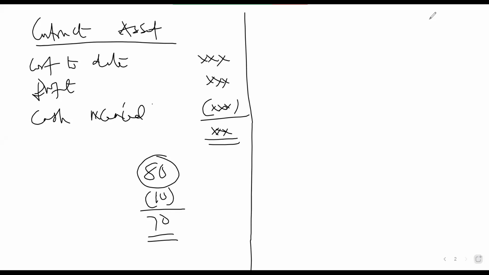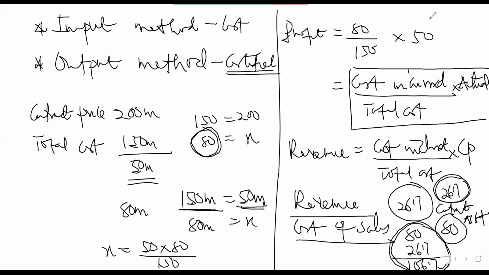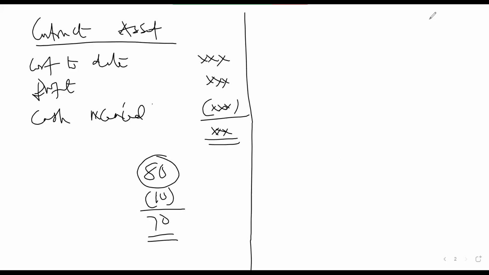So mostly the question will ask you to find the percentage of completion. What is the percentage of completion? The percentage of completion is calculated as the cost incurred to date over total cost times 100. The only time that you can complete the work is if you incur 150 million.